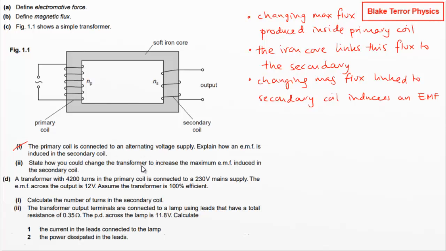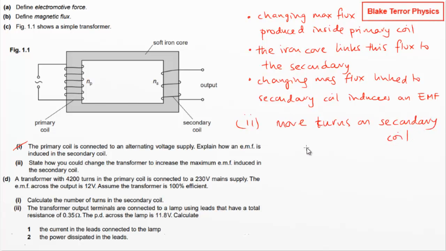State how you could change the transformer to increase the maximum EMF induced in the secondary coil. Okay, so we want more coils on the secondary or fewer coils on the primary. But let's say more turns on the secondary coil.